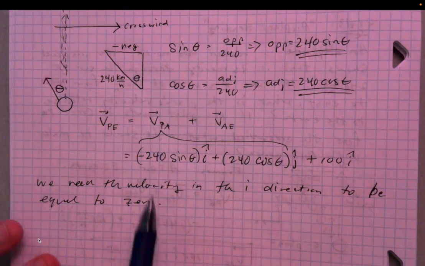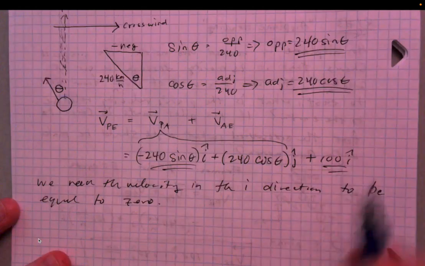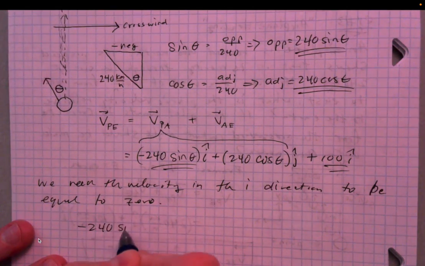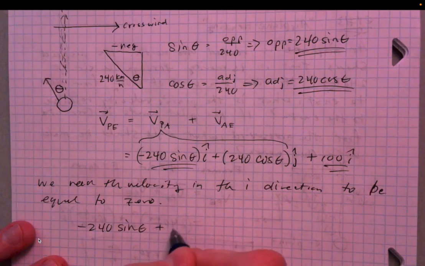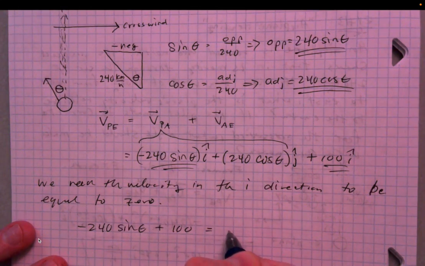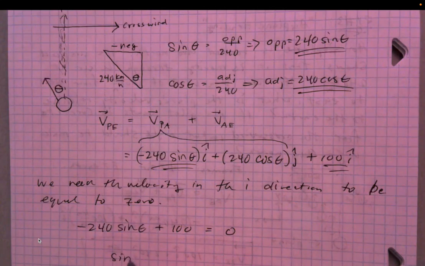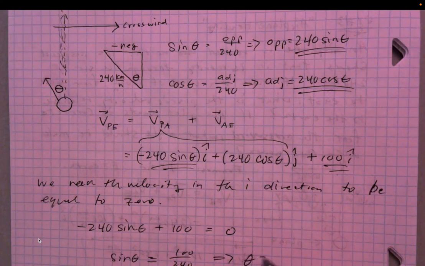Okay, so 0. And so that's a simple thing. We've got two terms that relate to i, and so we say negative 240 sine of theta plus 100 needs to equal 0, and we can solve for theta. And so sine of theta should equal 100 over 240, and therefore theta is the inverse sine of that ratio.